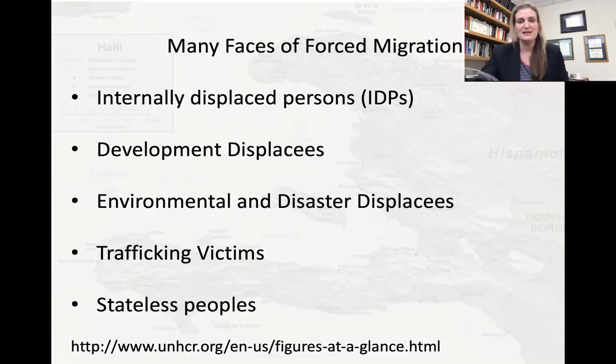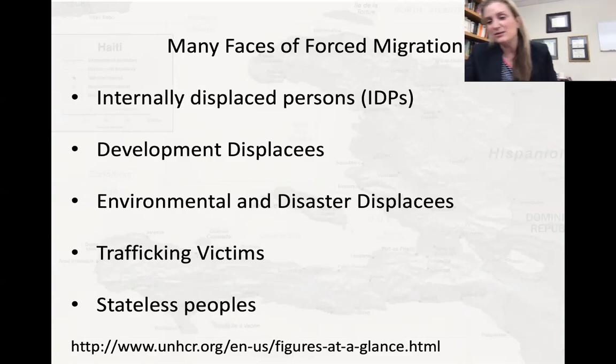Right, right. And how many internally displaced people are there? From your worksheet, does anybody have that handy? The UN, the 2015 report estimates that there are 14.7 million IDPs in the world.